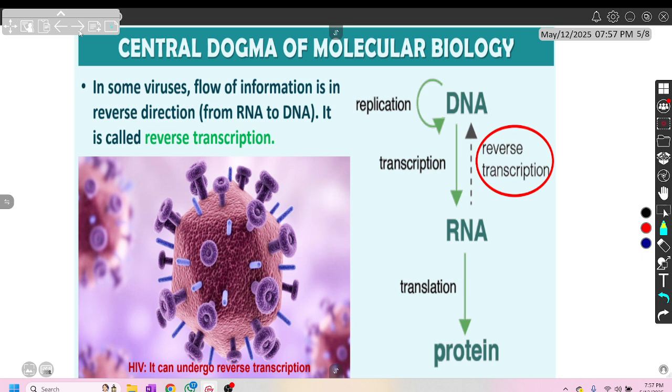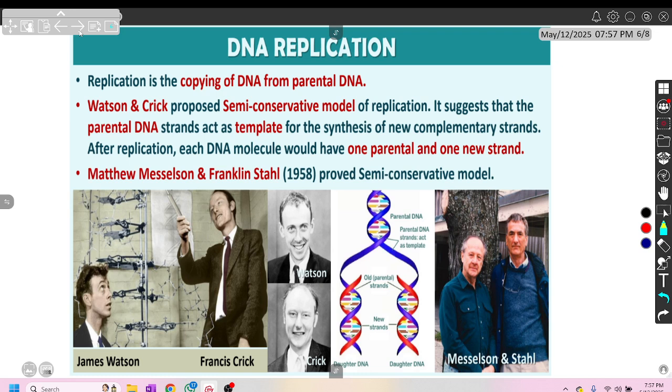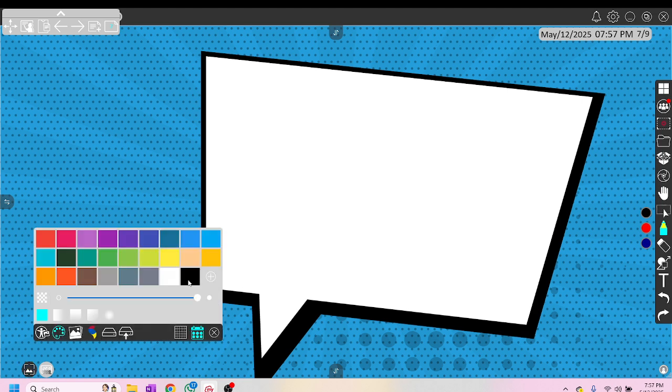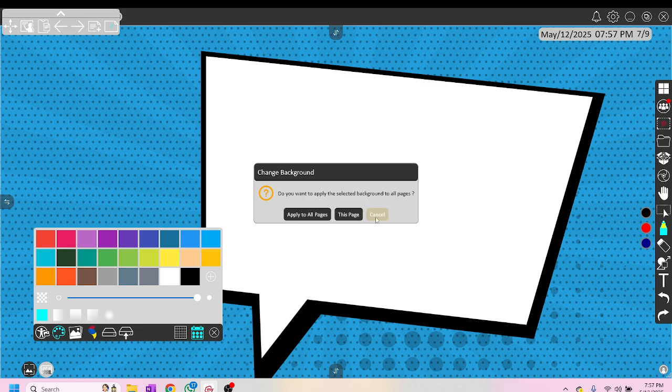Next we are going to discuss DNA replication. What do you mean by DNA replication? It is the formation of DNA from parental DNA. Copying of DNA from parental DNA is called DNA replication. In DNA replication, the most important thing we have to learn is that DNA replication is semi-conservative.